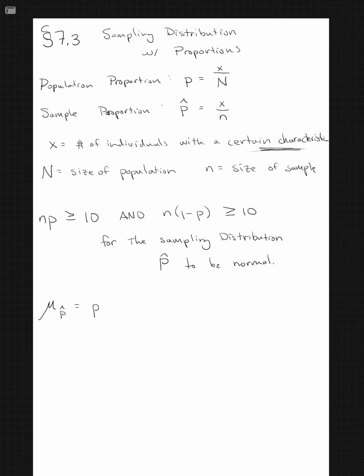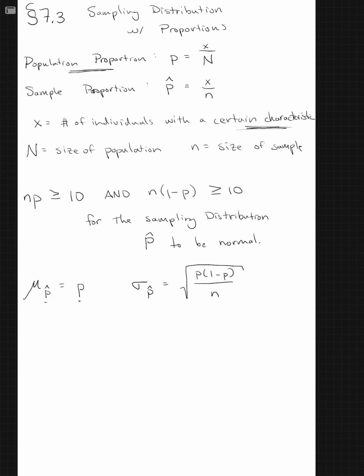So mu of x bar is equal to the population parameter that we're talking about. So here mu of p hat is equal to the population parameter that we're talking about, right? Sigma of p hat is going to be the square root of p times 1 minus p all over n, right?